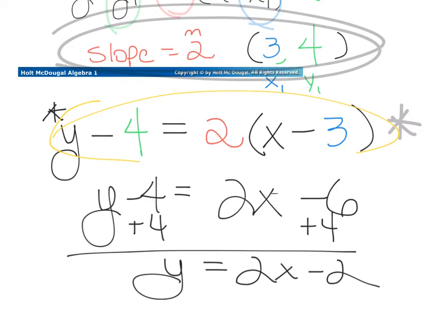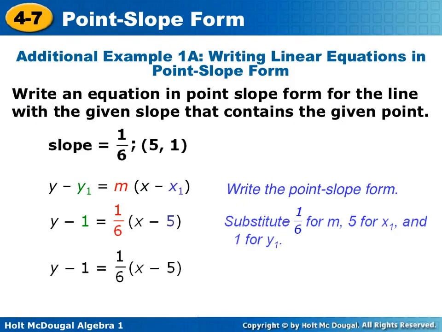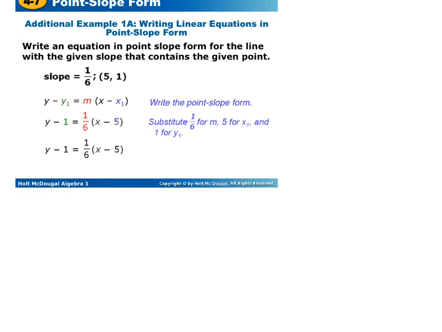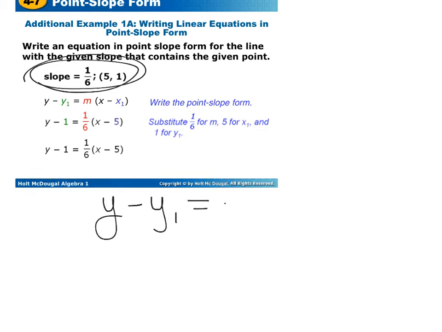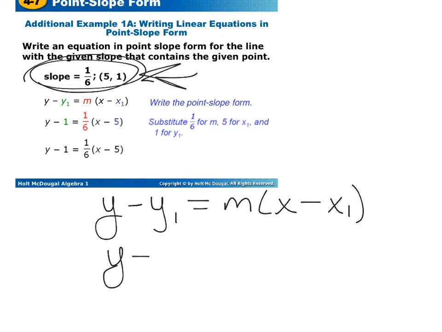Anybody need this slide? So let's just do baby steps here. Let's just take this given information and only put it in point slope. We won't do slope-intercept yet. Okay, so what do I need to put in for y1? What's my y1 up here? 1. What's my slope? What's my x1?